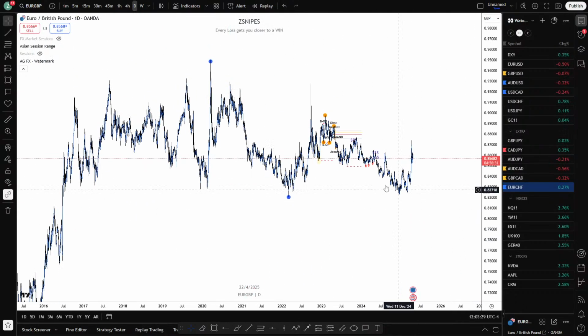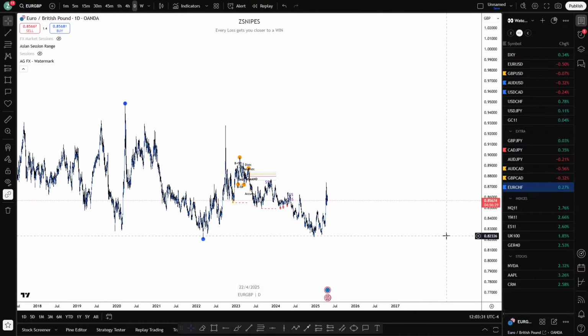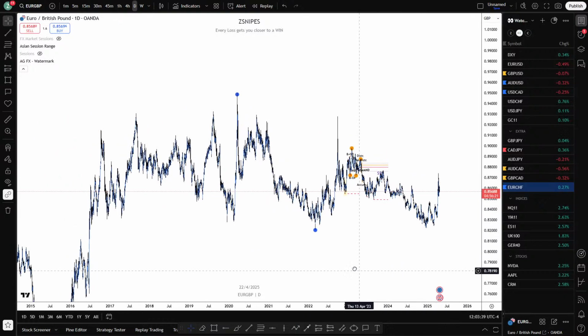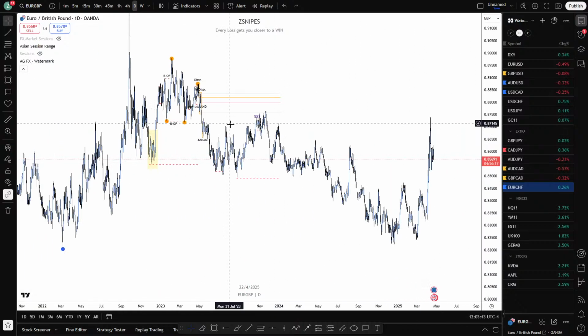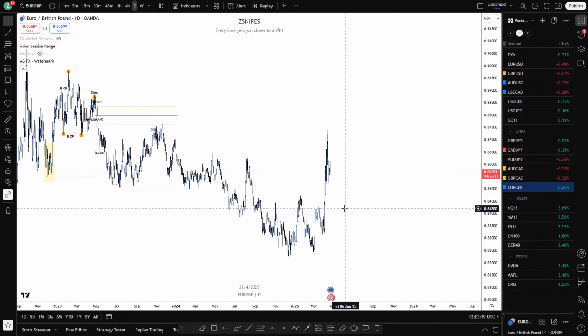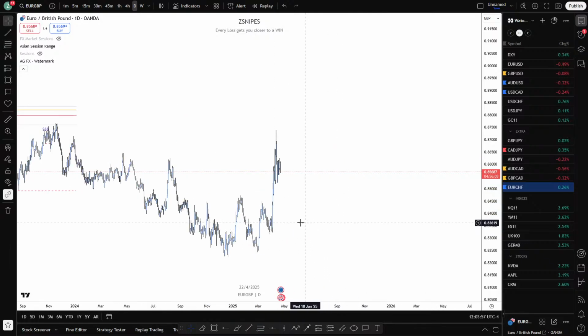Daily time frame. Let's zoom out real quick. All right, lots and lots of price action I gotta delete. Okay. Back into class, down. Did I make it low? Oh, we made it. Okay.